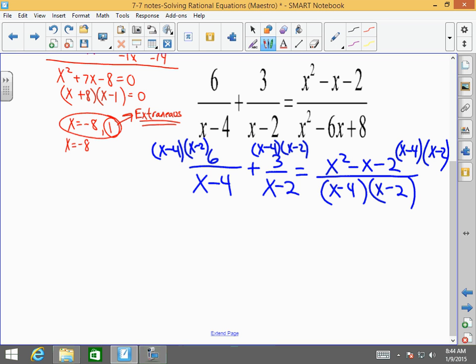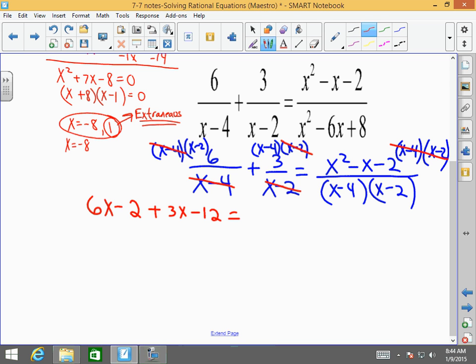So it doesn't really matter. So here I eliminate the x minus 4, and I'm left with 6x minus 12. Great job, gentlemen. Next one, I cancel out the x minus 2, and I'm left with 3x minus 12. Excellent, gentlemen.